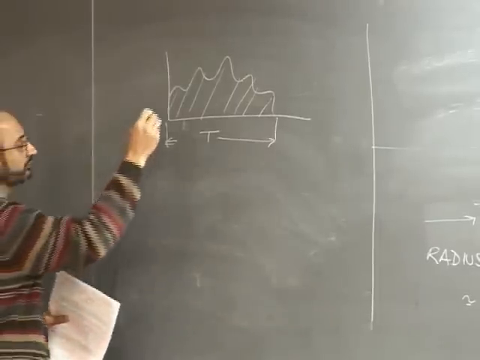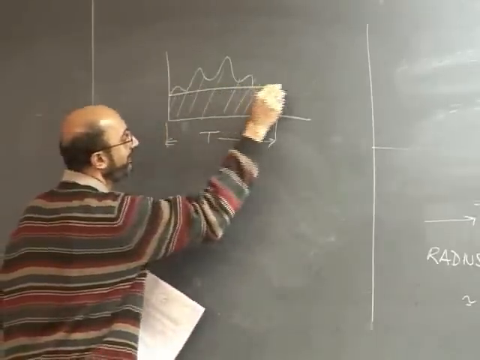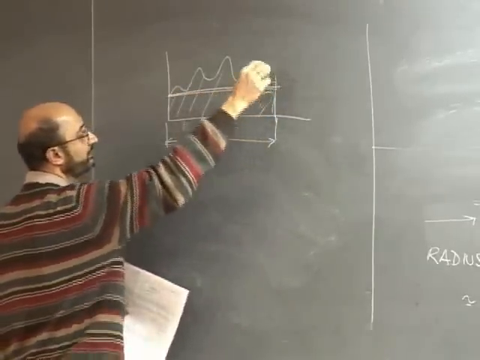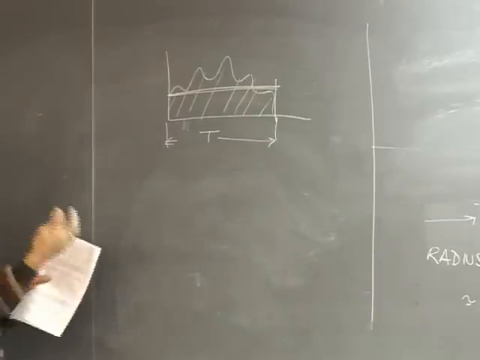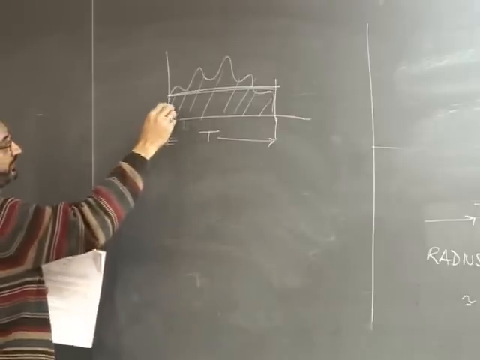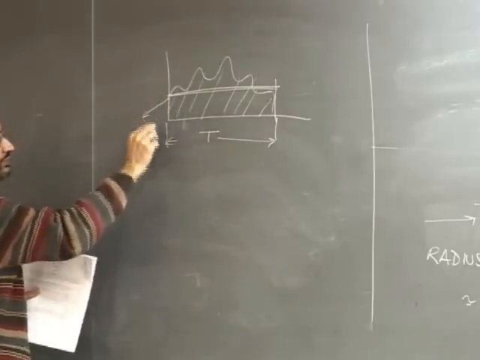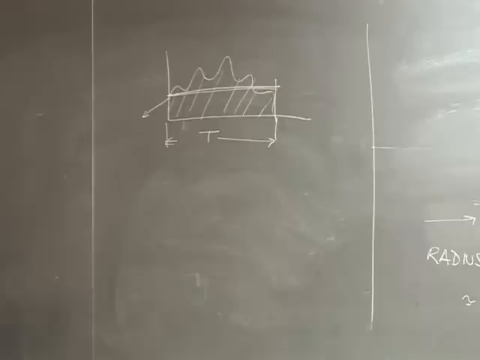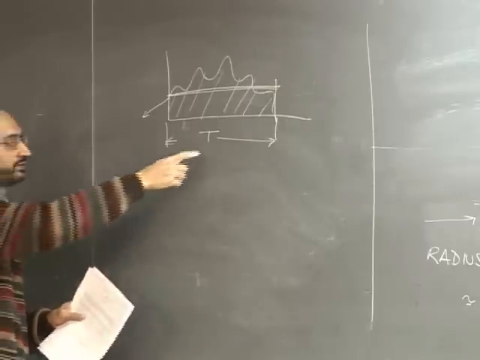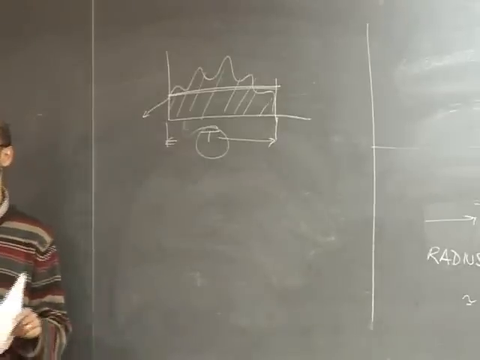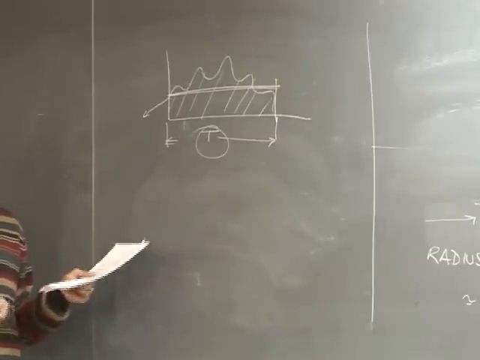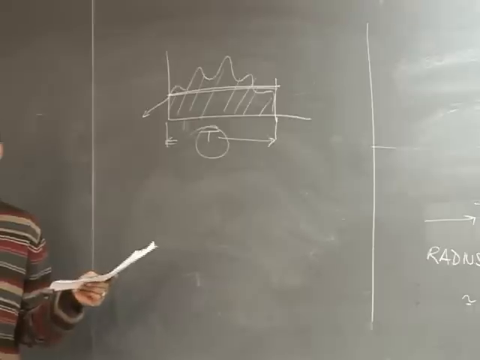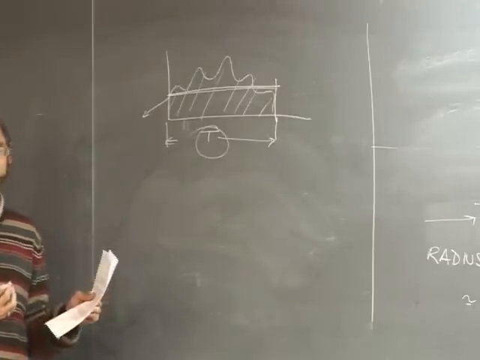However, I can also view this as the average value multiplied by the duration. So the average energy and the average power are the same. Why? Because the time is fixed. If I tell you the average energy is so many joules, then the average power is the corresponding watts. So I can now go from energy back into power.